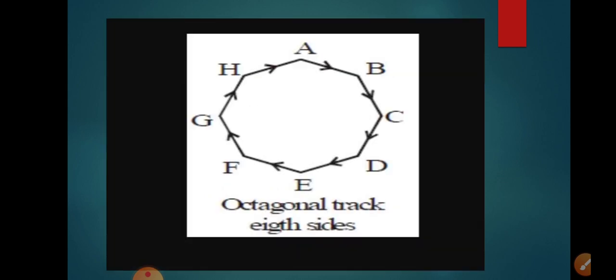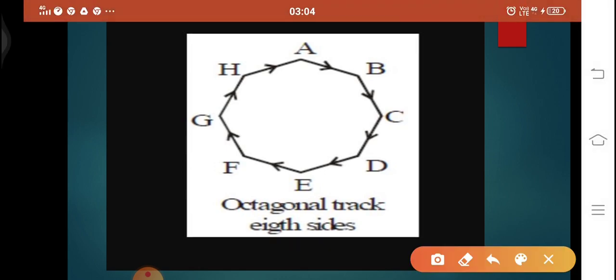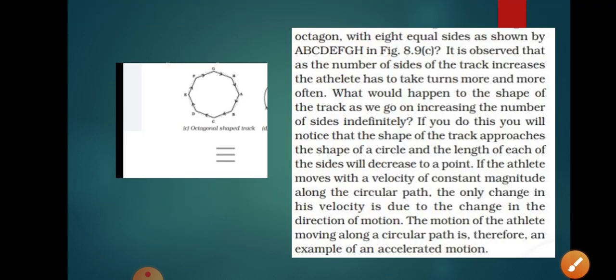In the hexagon, it changes the direction 6 times, and this is an octagon. Now in this case it will go A to B, B to C, C to D, D to E, E to F, F to G, G to H. So here the object will change the direction 6 times.